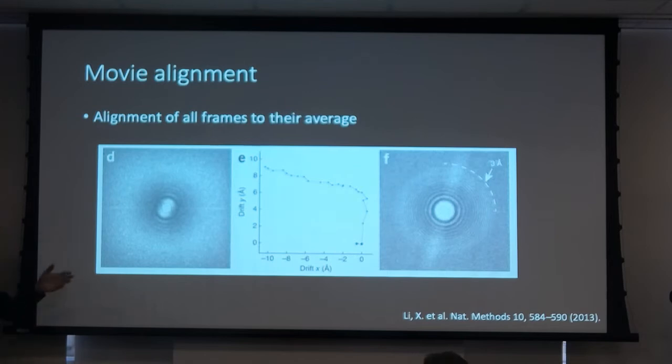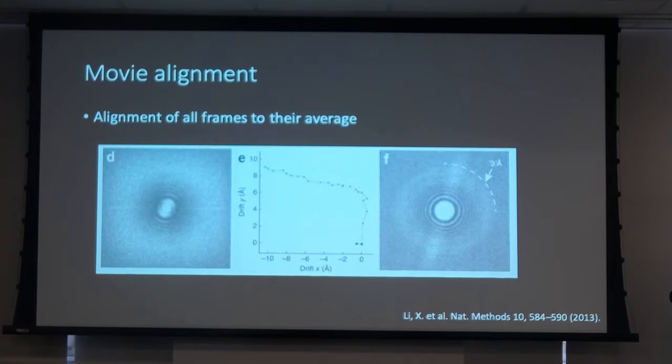If you correct for that, you get the power spectrum on the right, which is basically restored. The Thon rings of your power spectrum extend to higher resolutions, more isotropically. So that's been very important in getting us consistently good micrographs that carry the resolution we need.